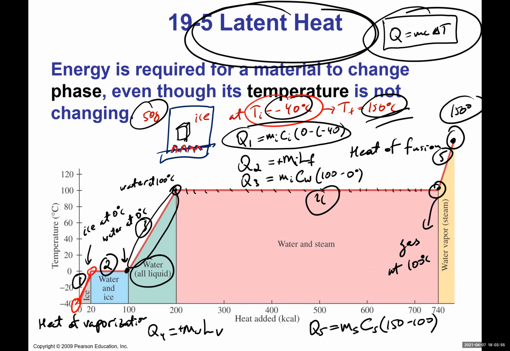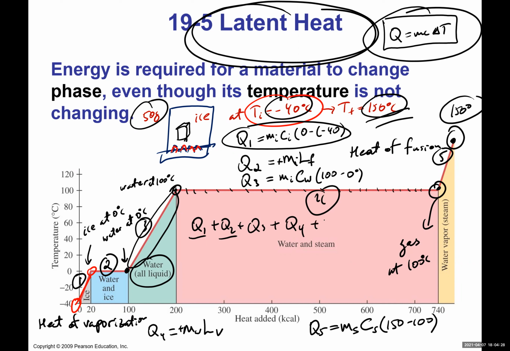As you can see, to get there we needed energy for stage 1 and energy for stage 2. That means we needed to increase the temperature of ice from -40 to 0. Then we need to melt the ice, that's stage 2. Then take the melted ice, which is now liquid water, and increase its temperature all the way to 100 degrees, that's stage 3. Then you need to evaporate that liquid water, stage 4, turning it all to steam.